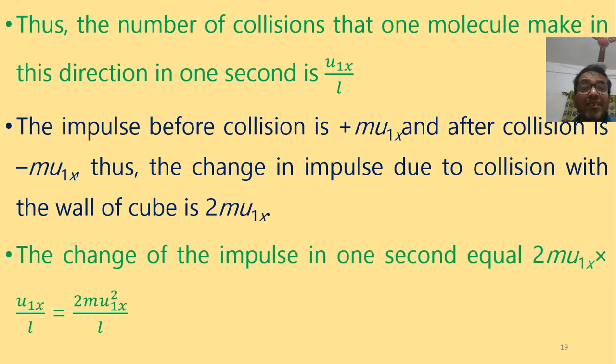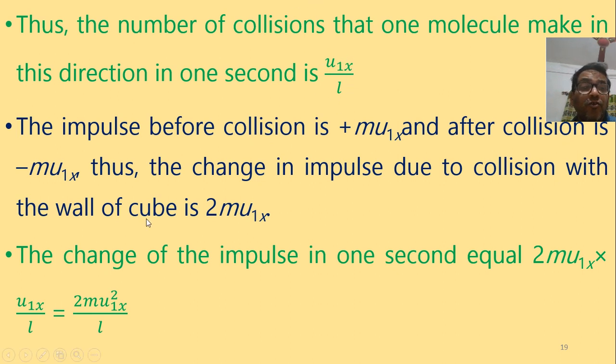Now the change in impulse or force in 1 second is equal to 2mu1x into the number of collisions in 1 second. How many collisions take place? That is u1x by L, which we already derived.